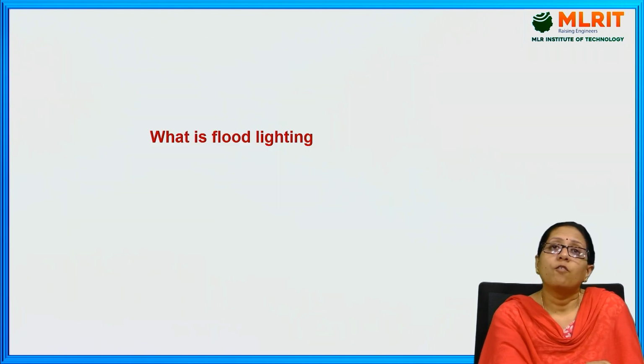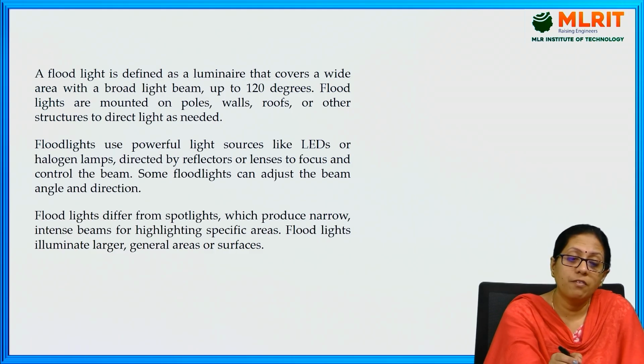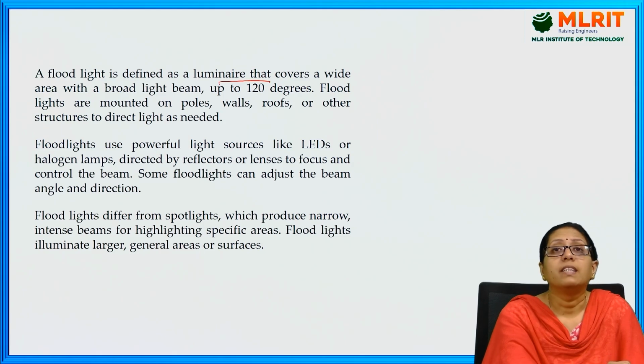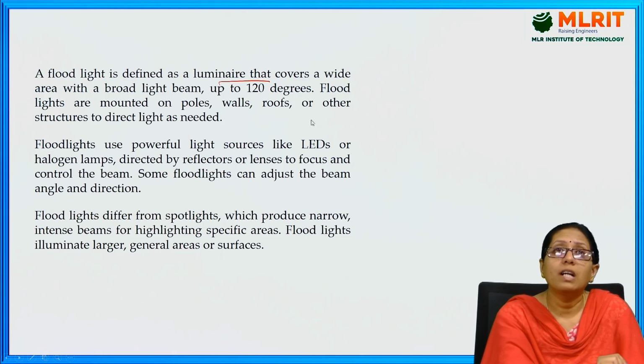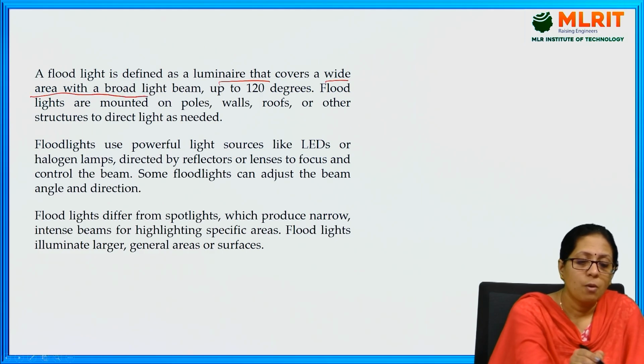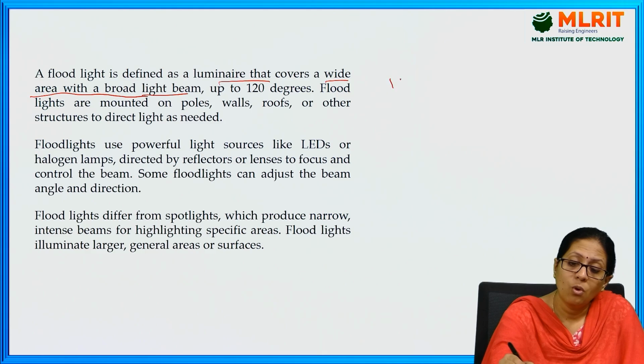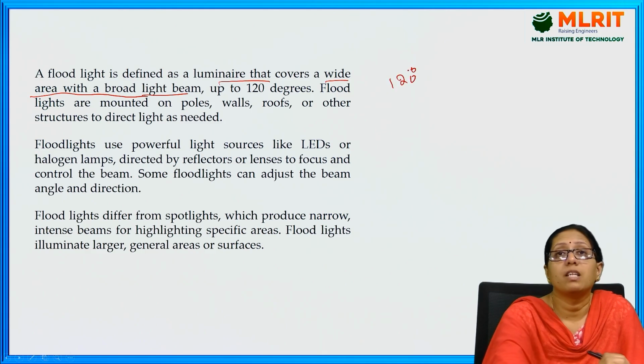What is flood lighting? As I said, floodlight is nothing but an artificial light, or it can be defined as a luminaire that covers a wide area with a broad light beam, up to 120 degrees.